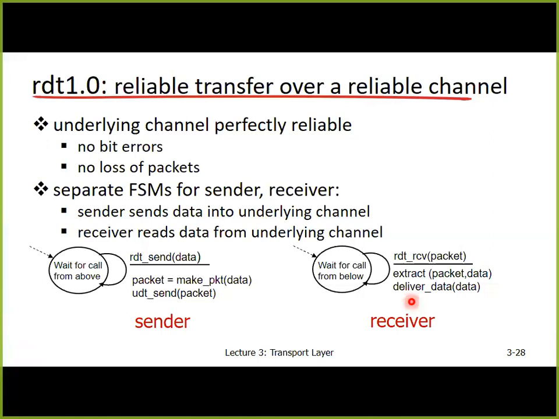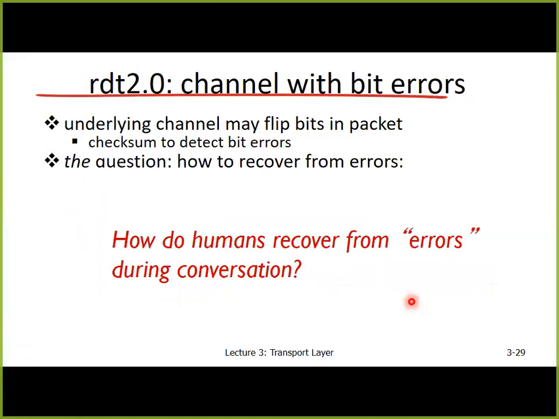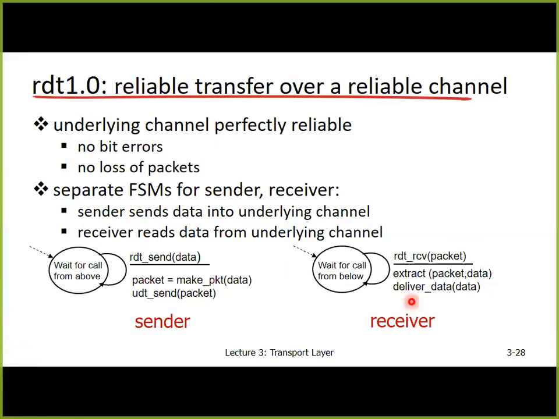On the sending side, when we call reliable data transfer send and give it some data, we call a function to make a packet, and then we call unreliable data transfer send to send the packet. On the receiving side, when we call reliable data transfer receive, we extract the packet, get the data, and then deliver that data to the upper layer.